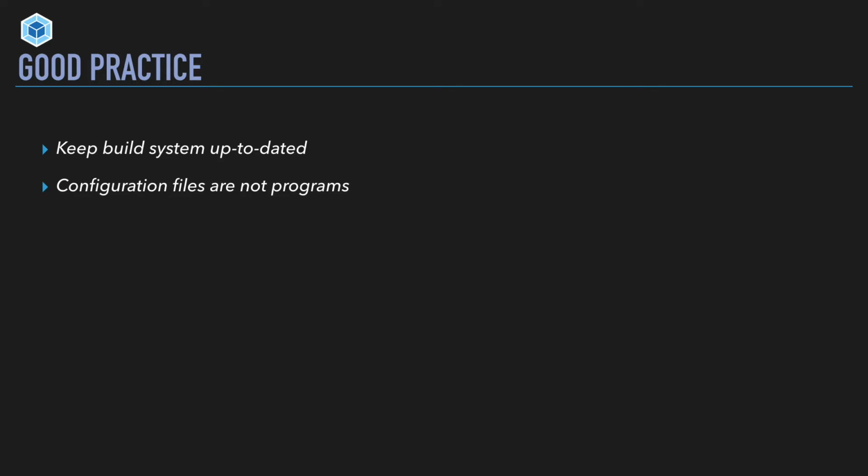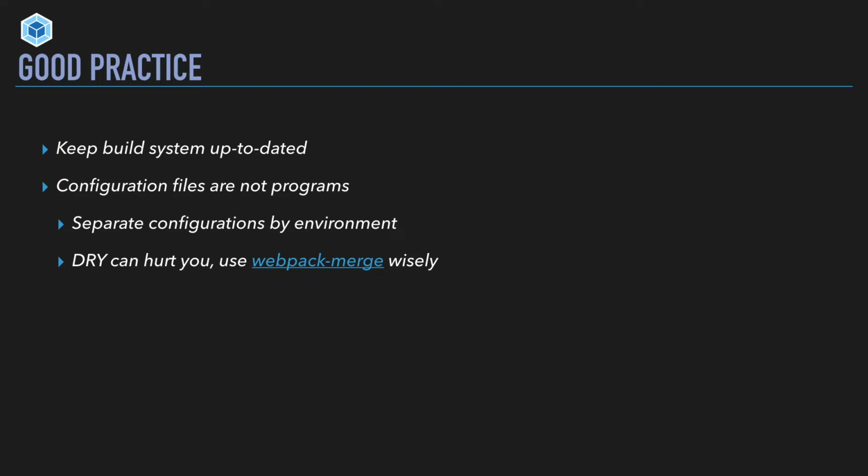Instead, what I would suggest you do is to separate your configurations by environment. People doing this are going to feel really dirty as a developer, because you're so used to drying up your code, right? When it comes to configuration files, drying up your code can hurt you, because it is not just you, but also DevOps and system engineers who will come and pull up these files to tweak them to get better performance for some reason, right?